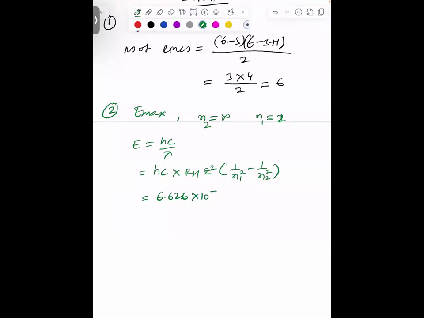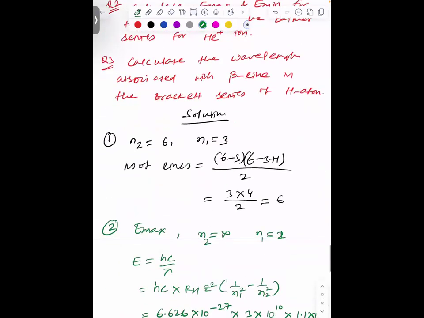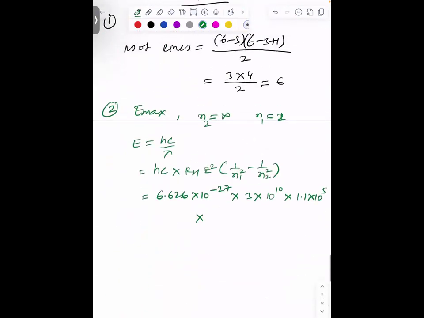If we convert RH to CGS units, we take minus 27 into 3 into 10 to the power 10 centimeter per second, CGS number 1.1 into 10 to the 5 into Z square. Here it is helium, so Z is 2 square, that is 1 upon 2 square minus 1 upon infinity square.